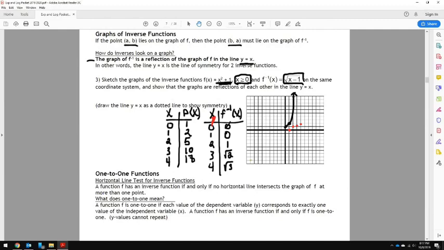If you follow these dot patterns, you'll see something like this, which confirms that. And if I draw a line of symmetry at y equals x, that is the line right there, what you'll notice is the graph is a reflection across that dashed line. And so that ends up showing us that the graphs are inverses of each other.